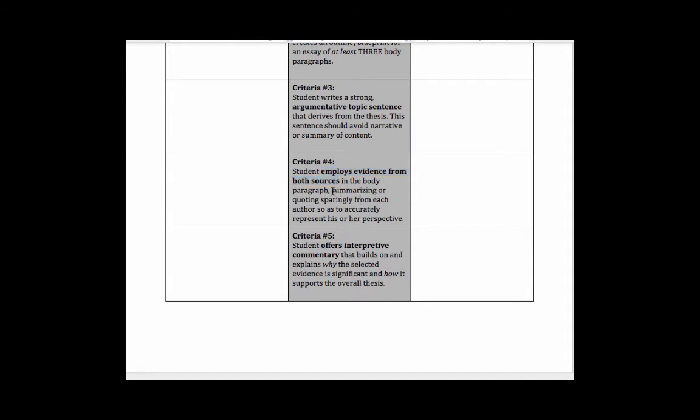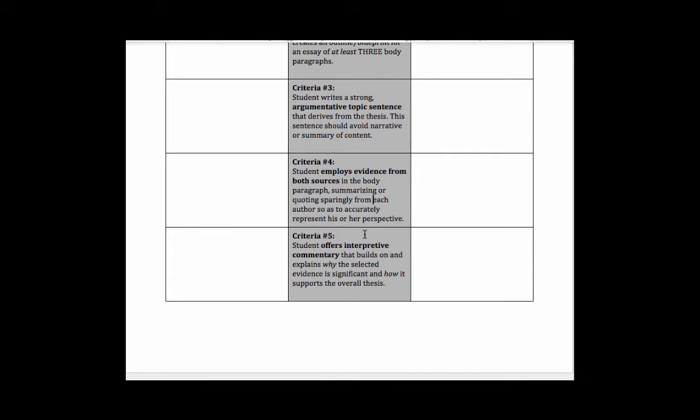This is slightly different from your English classes, but in this case you can either summarize, so accurately capture in your own words what either Appleby or Kagan and his co-authors are talking about, or you can quote sparingly, and I emphasize sparingly so that you don't spend a whole bunch of time in class copying down quotations verbatim, but rather highlight key words or short phrases that you think shed insight into the author's argument and your contrast of those.